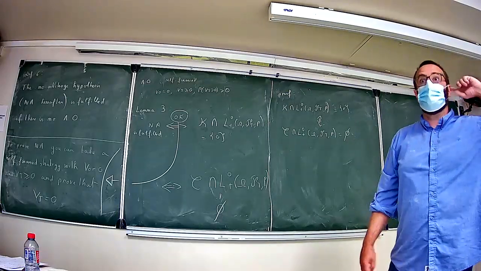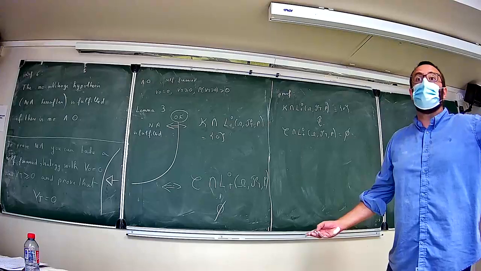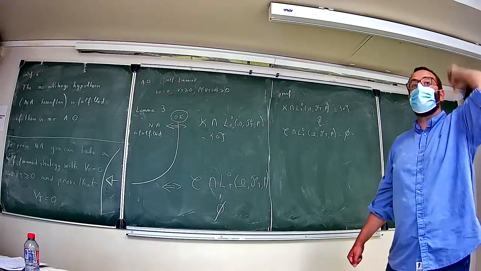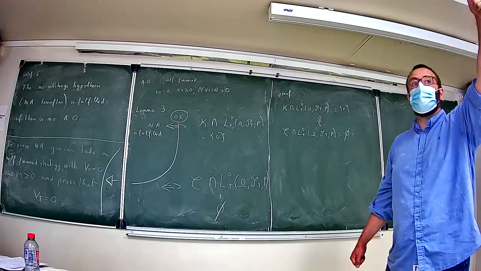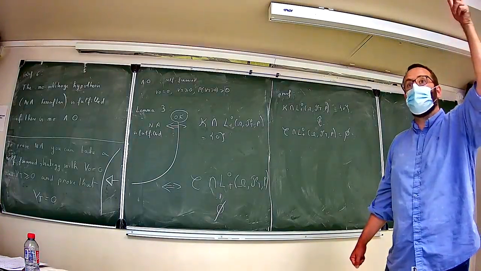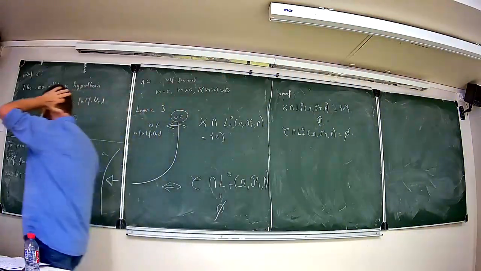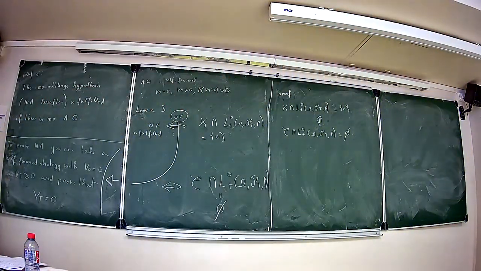What is L0? L0 is the set of the random variables. L0 plus is the set of the random variables that are positive. L0 minus is the set of random variables that are negative. Didn't we say that K is contained in C?